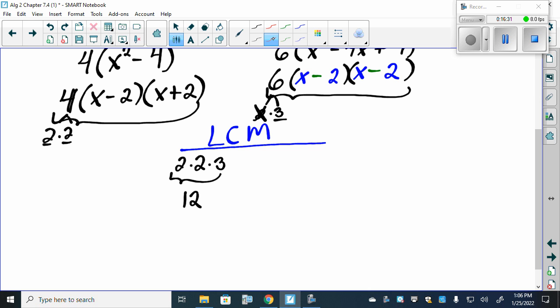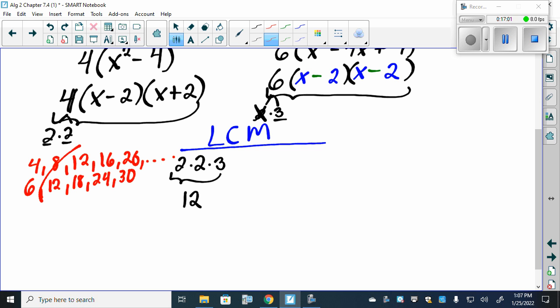Now, another way we can look at this is, I can take the multiples of 4: 4, 8, 12, 16, 20, and we're going to continue on like this. And again, for least common multiple, we're looking for the smallest number I can turn both 4 and 6 into. I can also do this with 6: 6, 12, 18, 24, 30.